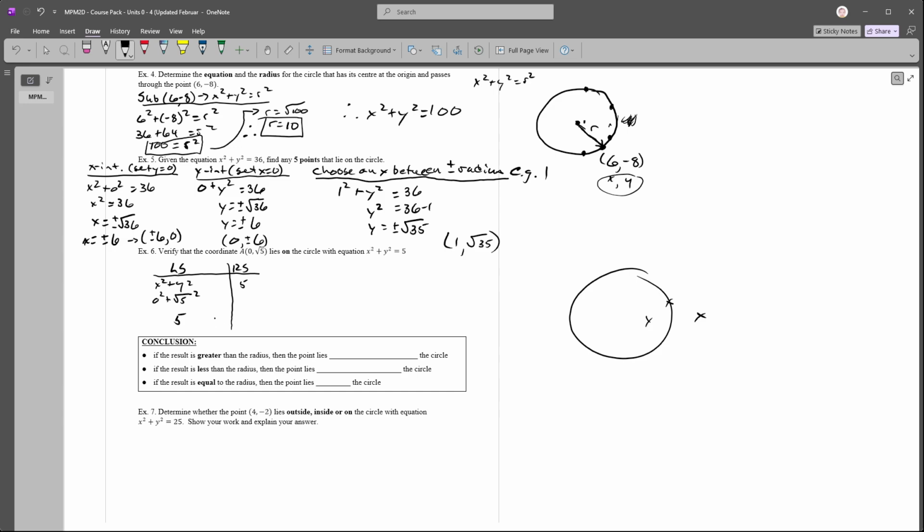What we see here is that the left side is equal to the right side. So this point, 0, root 5, is actually on the circle. Since the left side is equal to the right side, therefore 0, root 5 is on the circle.